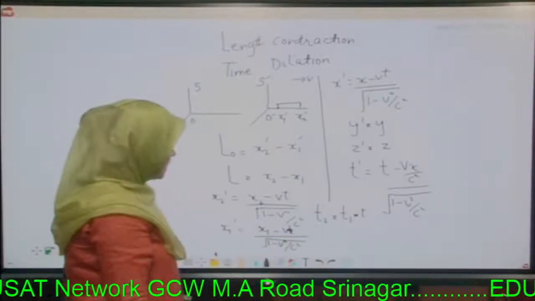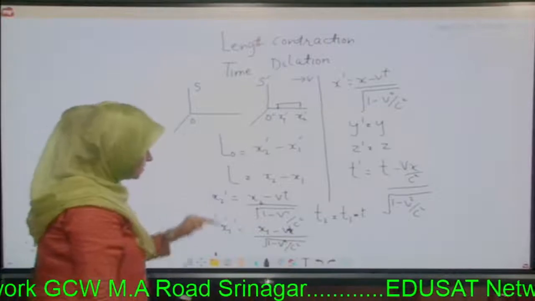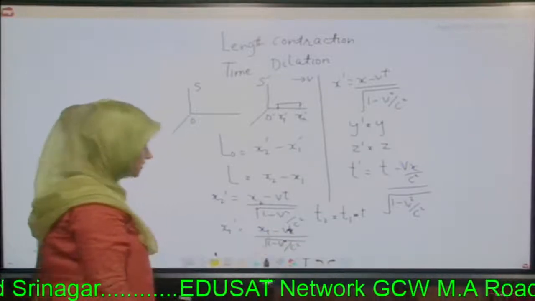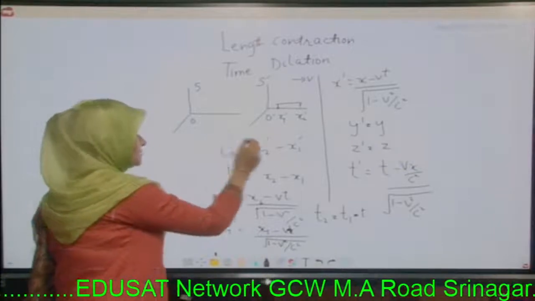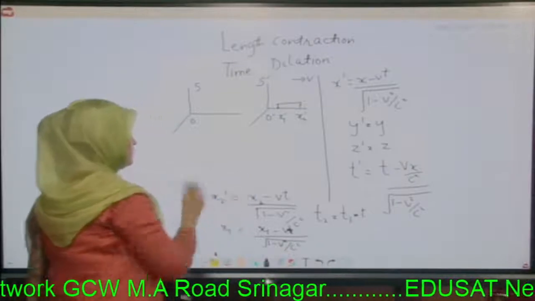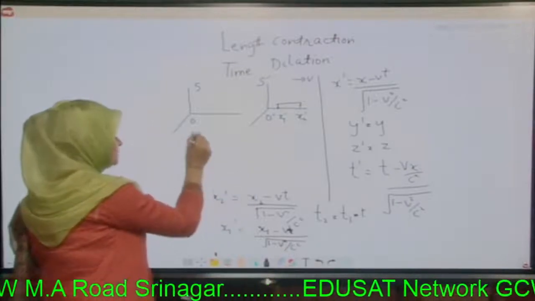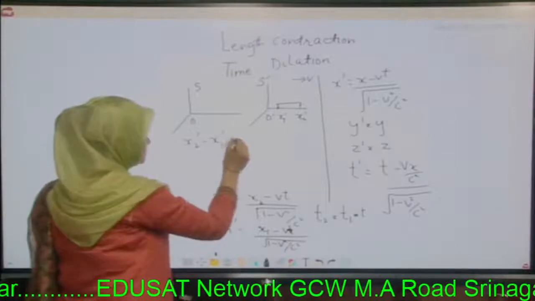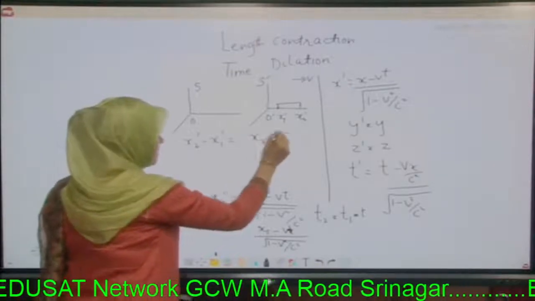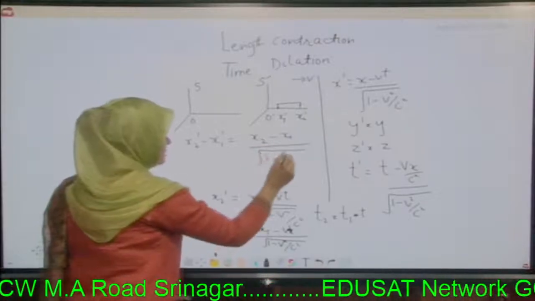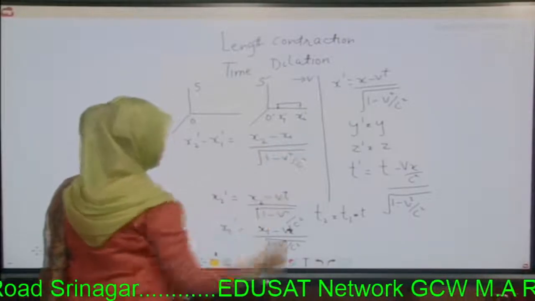Therefore t1 and t2 are the same, and that is why I have written t in both the expressions. Now, once I subtract one from the other, this vt and vt get cancelled, and we are left with x2 prime minus x1 prime is equal to x2 minus x1 divided by the square root of 1 minus v square by c square.